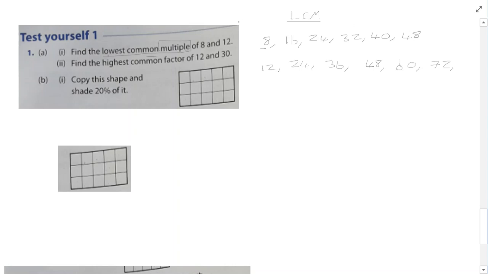Now what it asks you for then, it's the lowest common multiple. So what we mean by that, it has to be common to both. So this is a portion of the set of multiples of 8, and this is a portion of the set of multiples of 12.